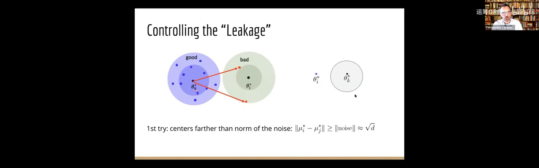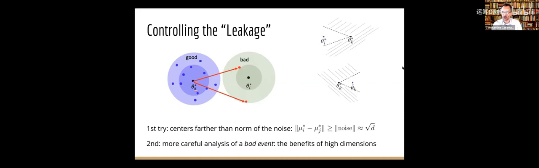And we see that there's actually a lot of room to do better if we're a little bit more careful at thinking about what these bad events look like. So rather than saying that they don't happen or controlling the probability that they happen in this way, we could take a more delicate approach and look at something like this. Here's what I've tried; I did my best to illustrate.